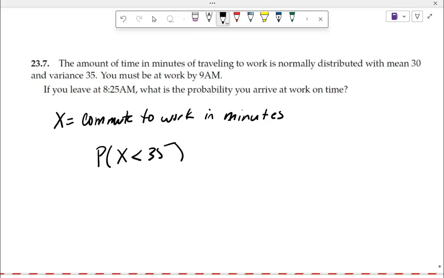All right. So then we need to change this to a standard normal. How are we going to change it to standard normal? Good. Do our z-score. So we'll do what? With 75, right?